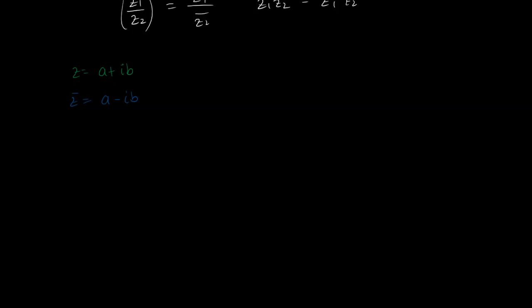If you multiplied these two, z times z bar, that's equal to a plus ib times a minus ib. This is a straightforward product of sums and differences. This is going to be equal to a squared minus the square of ib. i squared is just -1, so that will flip the sign and you will get a squared plus b squared.